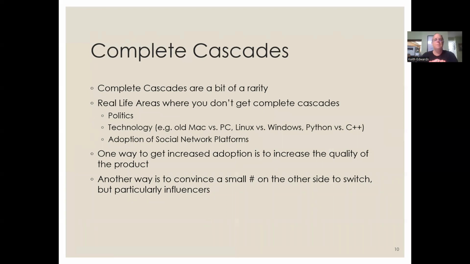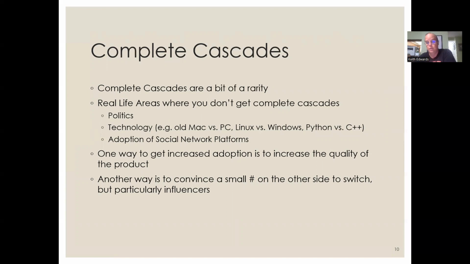Complete cascades can be a bit of a rarity. Real life areas where you don't get complete cascades, obviously politics. It's rare that everybody's going to go one way or another, except in countries where the leader will get 100% of the votes, but I don't think you can trust those elections.